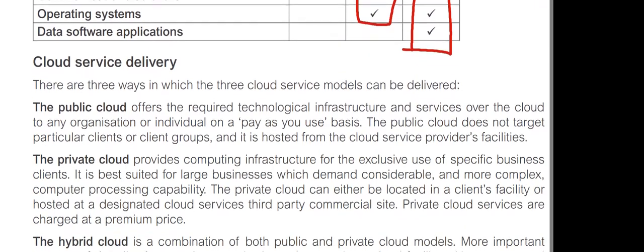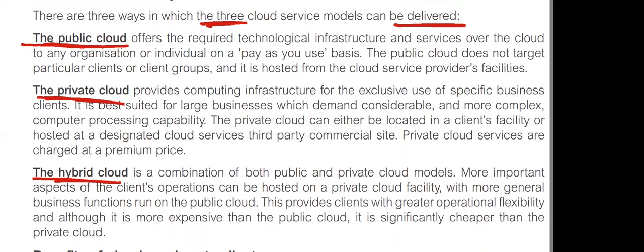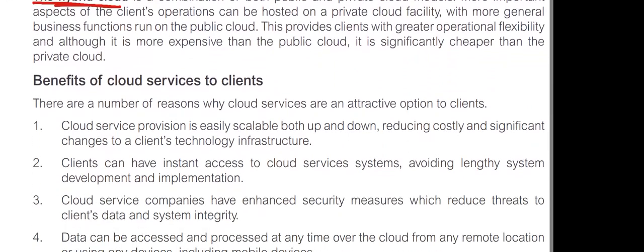Then you have the cloud service delivery. The service delivery model is either a public cloud, a private cloud, or a hybrid cloud. So there are three cloud service delivery models that you have been clarified. Then what is good for the clients in these cloud services?